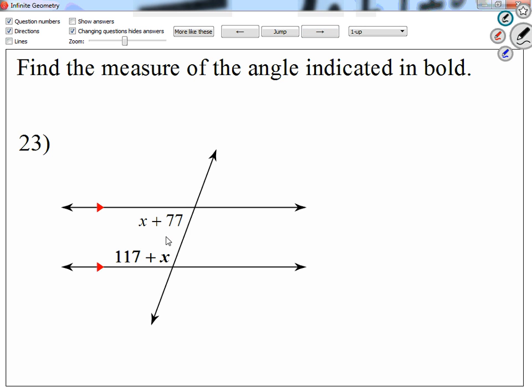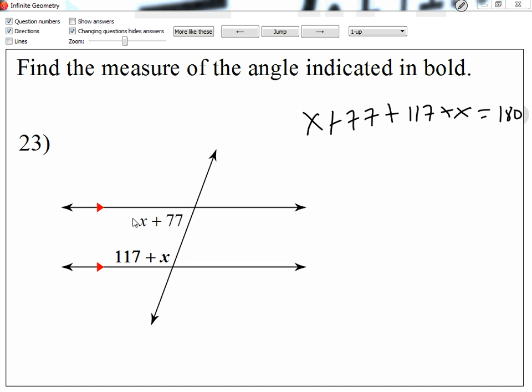Do these equal each other or do they add up to 180? Up to 180. So we have x plus 77 plus 117 plus x equals 180. Right? You're adding the two angles and it equals 180. Let me simplify the left a little.